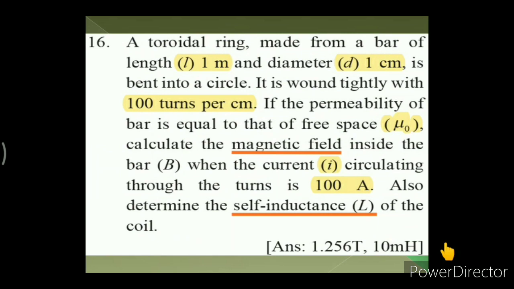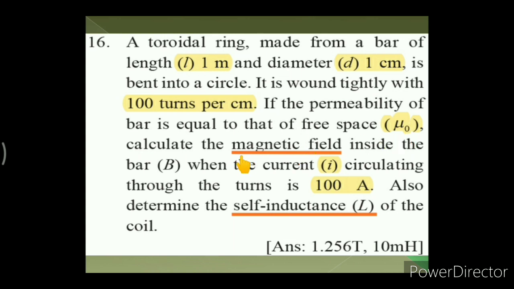Here it is given a toroidal ring whose length is 1 meter and diameter is 1 centimeter, bent into a circle, and then it is wound tightly with 100 turns per centimeter. And also it is given the permeability of the bar is equal to the permeability of free space mu 0.